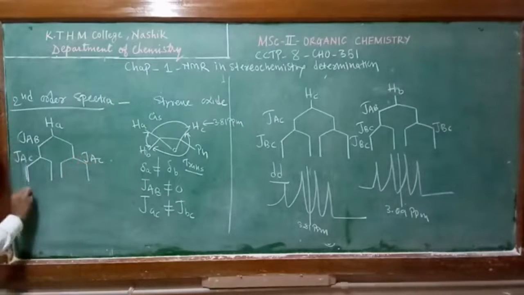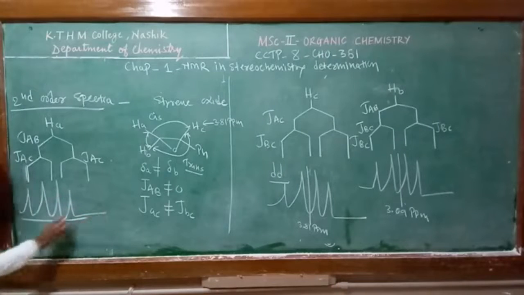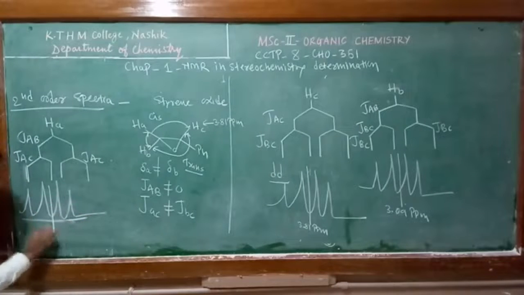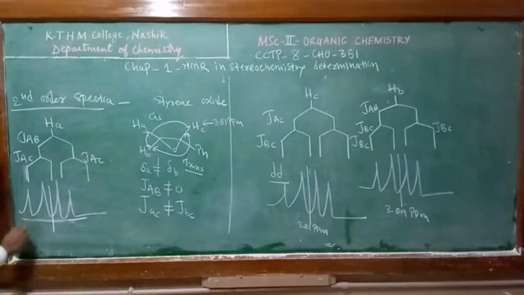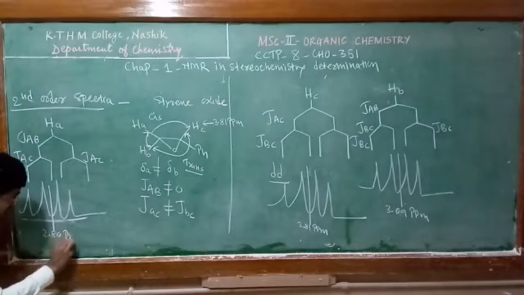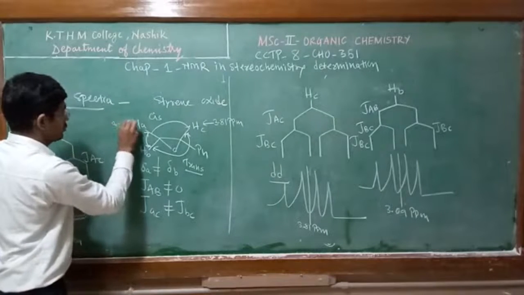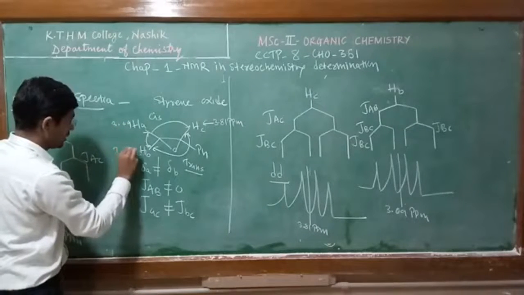So like this we get the signal, and this chemical shift value is observed centered around 2.80 ppm. So this is 3.09, and this is 2.80 ppm.